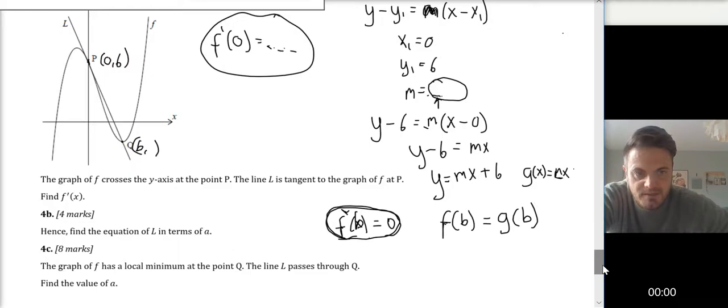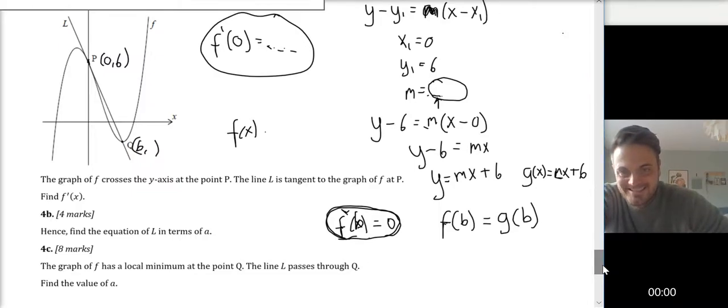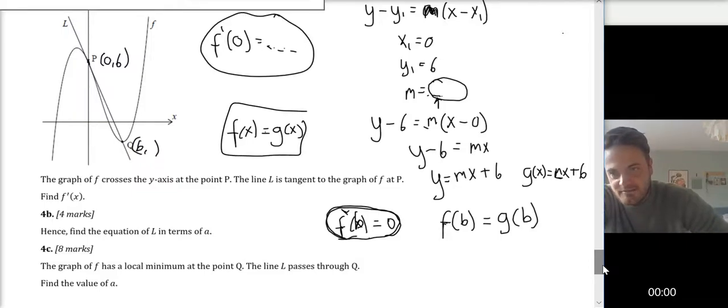M should be something with a here, as I mentioned, but if you want to find the intersection of two graphs, you have to put them equal to each other. If you put two functions equal to each other, let's say f is this function and g is the tangent line, you should get the intersection points. You should get two solutions.